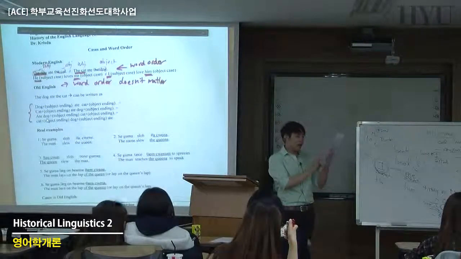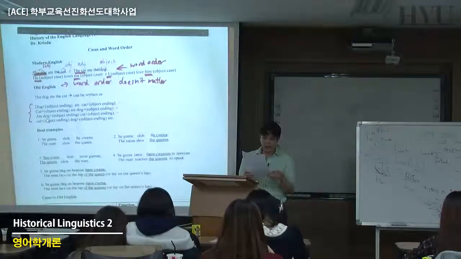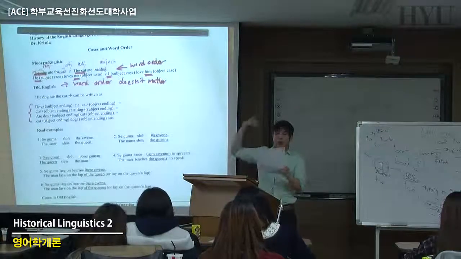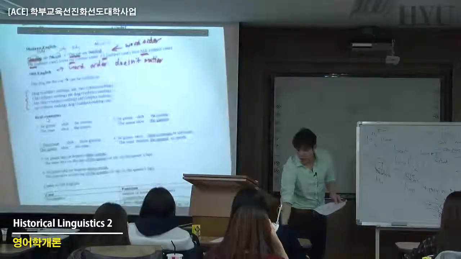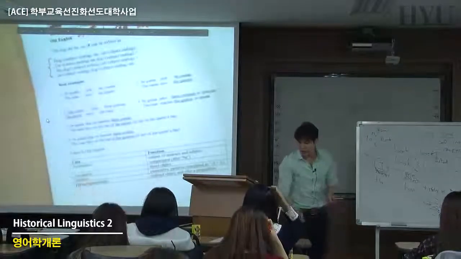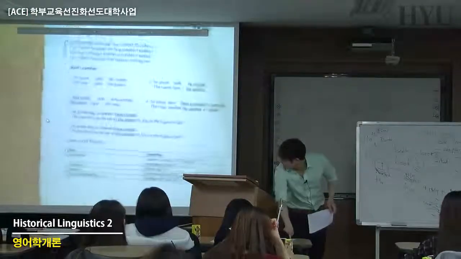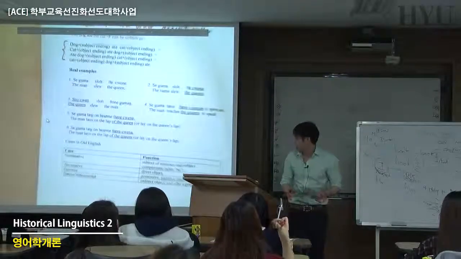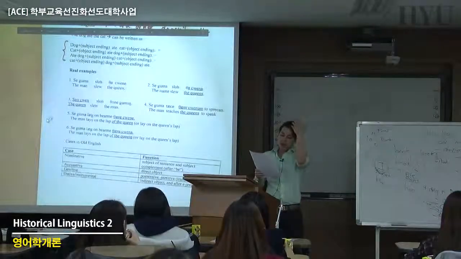So there are, in Old English, 5 cases that we'll study in this class. We have nominative, this is in the table below here. We have nominative, accusative, genitive, dative, and instrumental. And these are the cases that you need to understand. But you don't have to memorize the endings, okay?